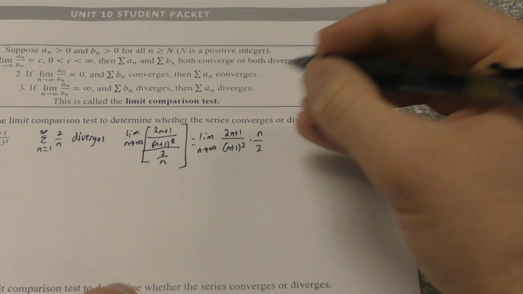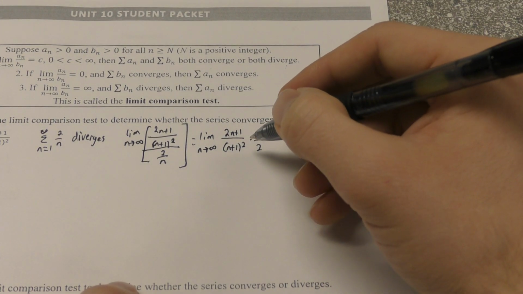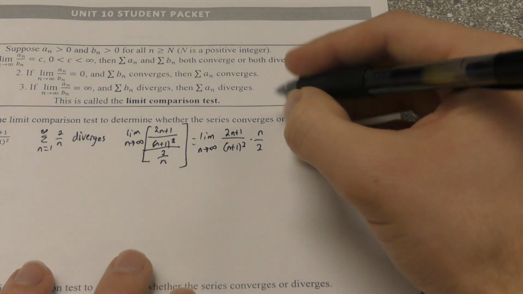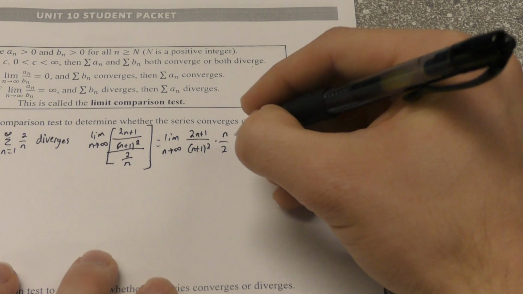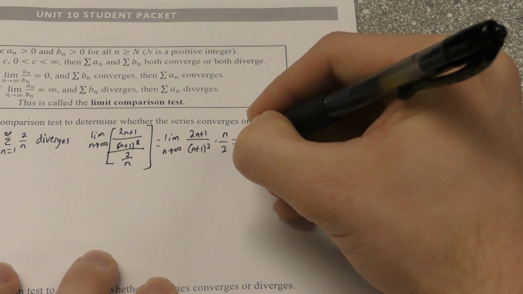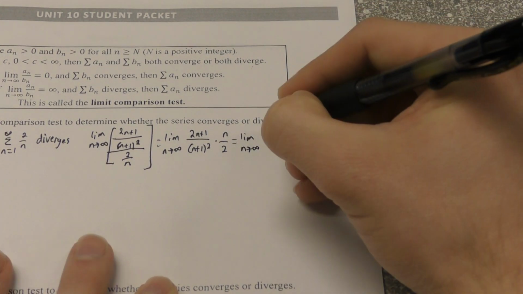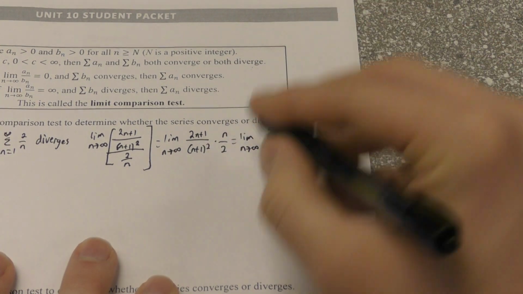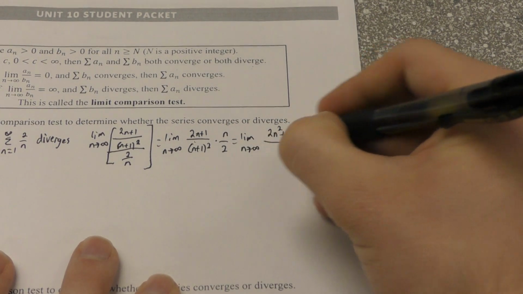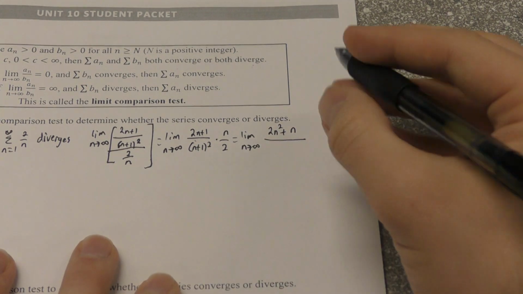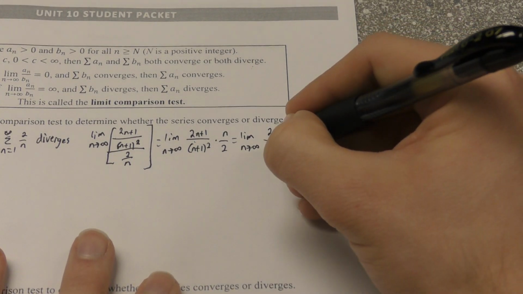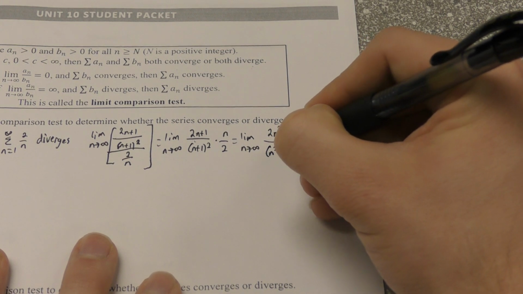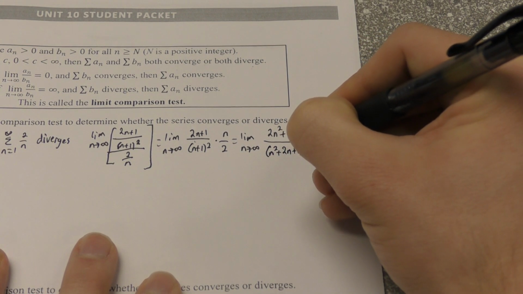We could either at this point apply L'Hopital's rule or things like that if we wanted to. We could also just take the time to expand stuff, which I will. So this will give me the limit as n approaches infinity of 2n squared plus n, multiplying n into the numerator there, over (n plus 1) squared, which is n squared plus 2n plus 1, times 2 down there.